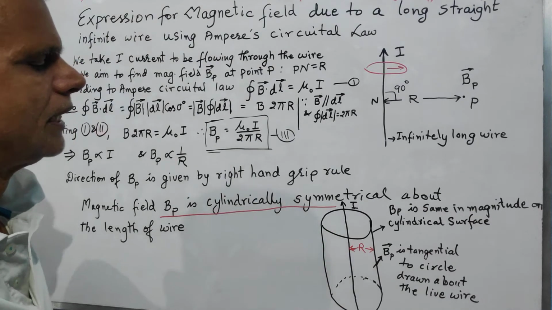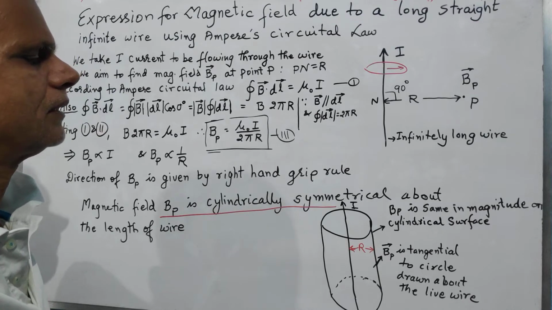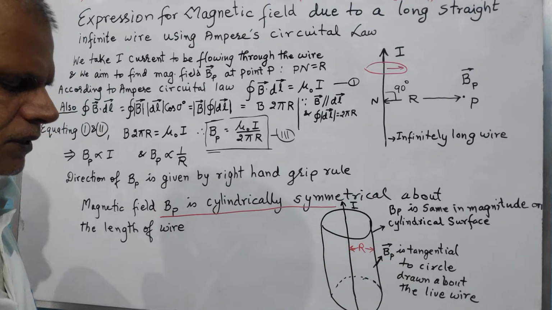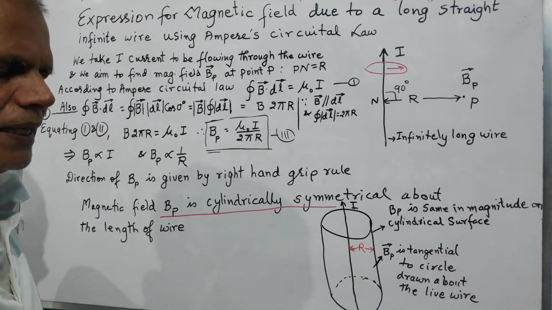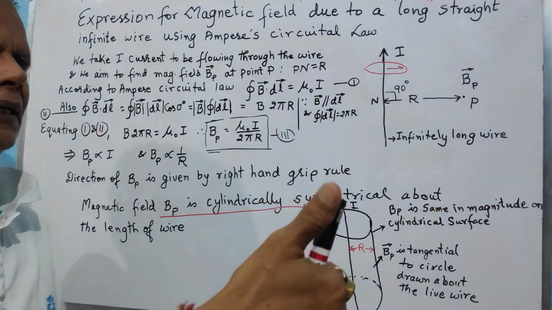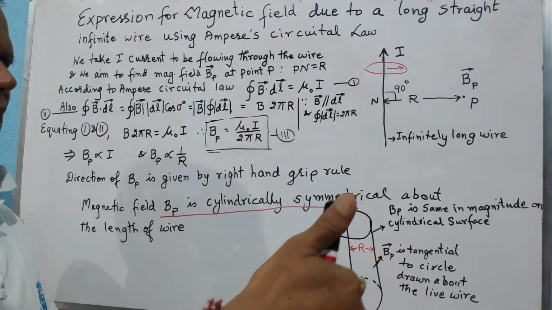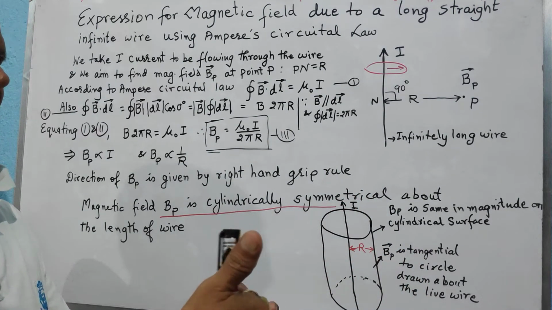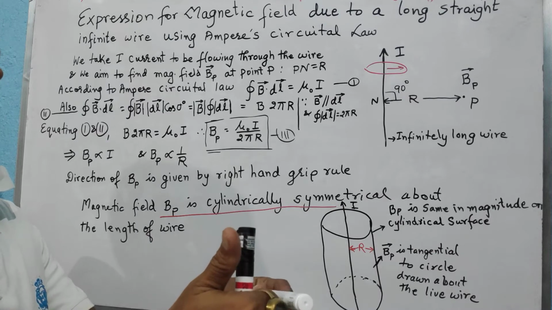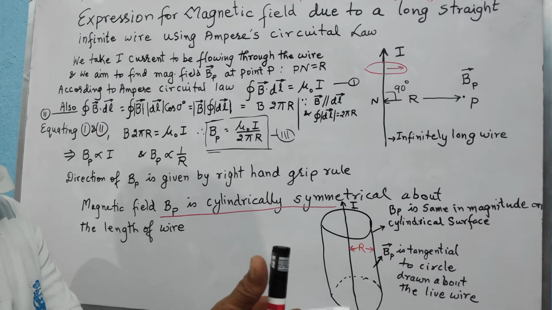Now about the direction of the magnetic field, we already have the right hand grip rule. You hold the wire with your right hand grip, with the thumb along the direction of current flowing, and then the direction of the tangent drawn on the curved fingers will give us the direction of the magnetic field at that particular point.